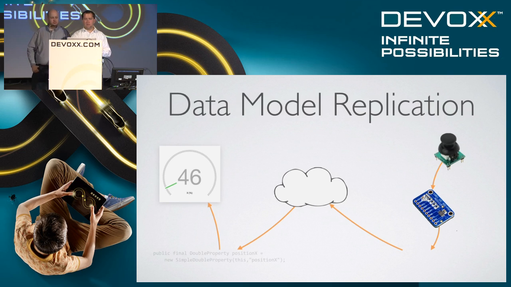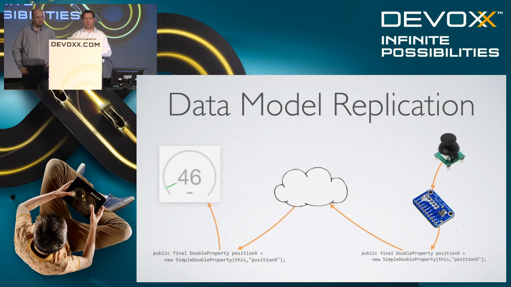This is a little diagram that shows what we're talking about. On the one side, we have our UI gauge, which is going to be showing, in this case, the X position. On the Odroid board, we've got our data model running, and it has a position X property. Meanwhile, over on the Raspberry Pi, we've got the thumb control, and it goes through all of its circuitry.